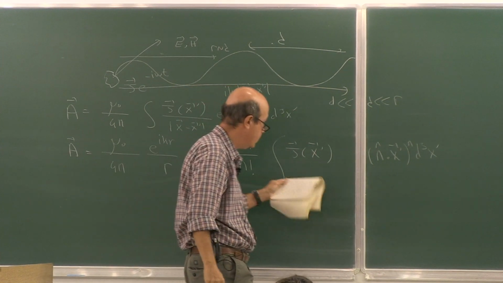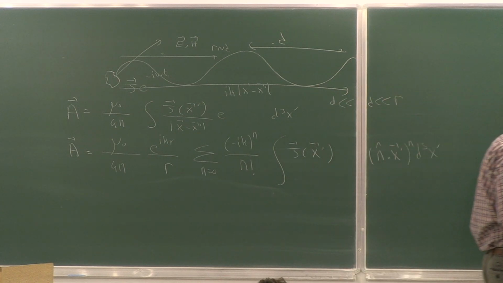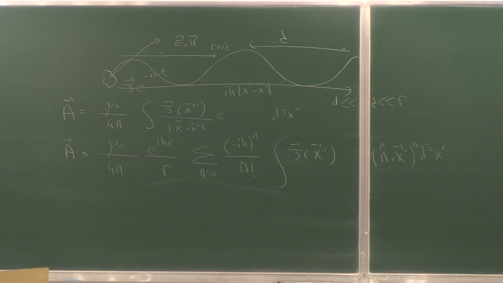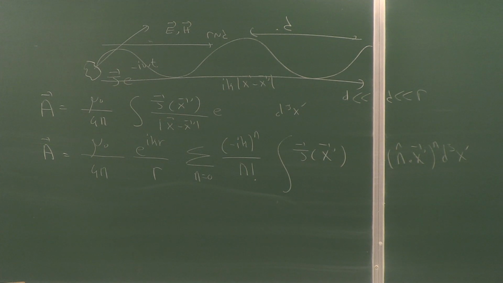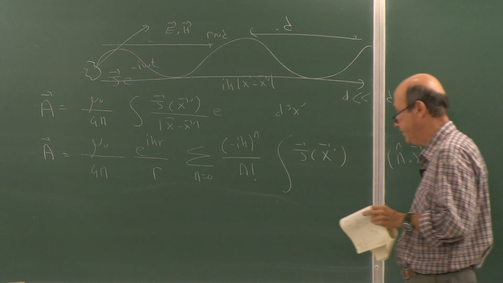So that was the approximation in the far field zone. The source is small in dimensions relative to the wavelength, and our point of interest is much greater than the wavelength.